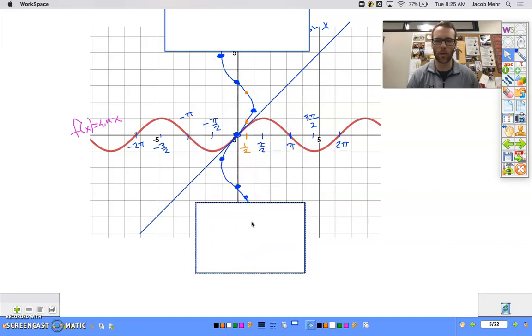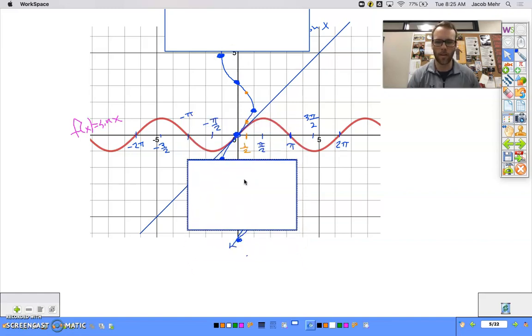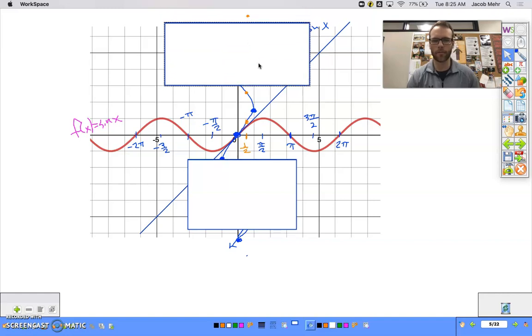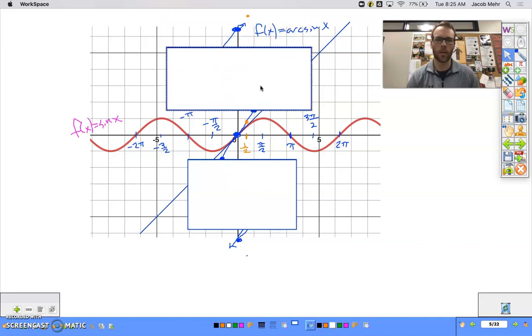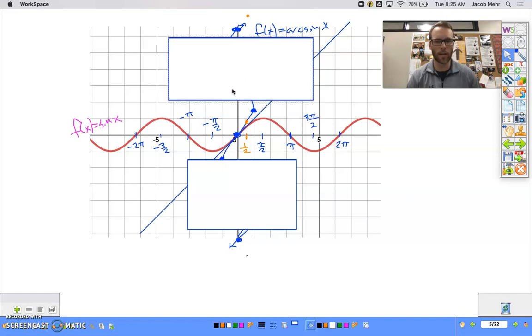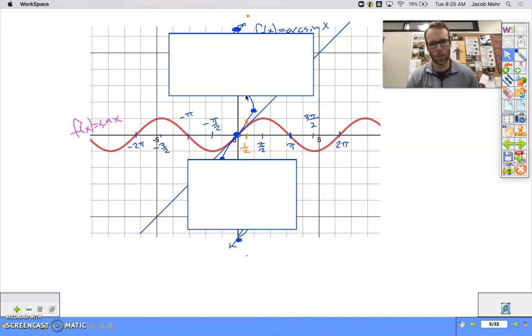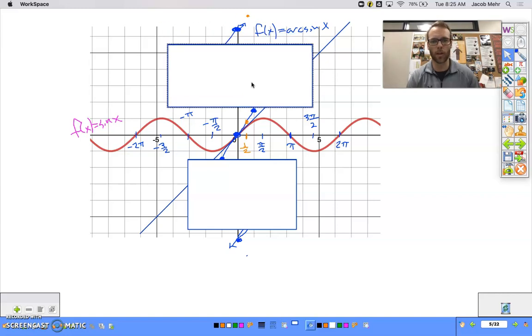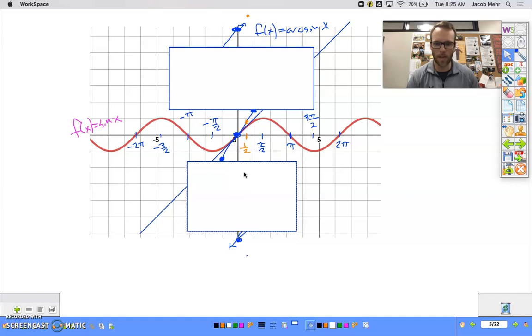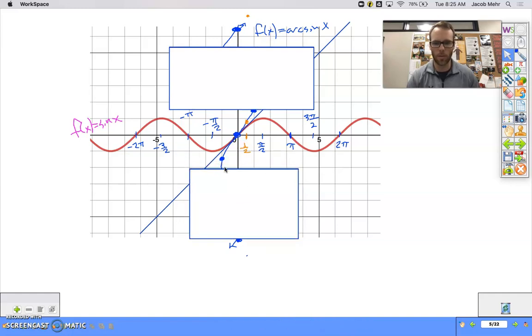The places that we like to cut it off at are actually right here and right there. That little part right there is a function. It passes the vertical line test. If I slide this rectangle up a little bit, it's hooking back over and it fails the vertical line test. Same if I were to slide this one down just a little bit. This should be hooking back in here.